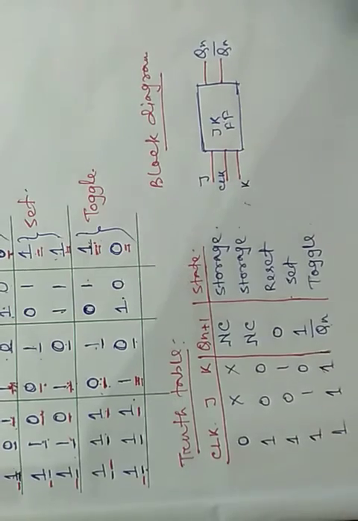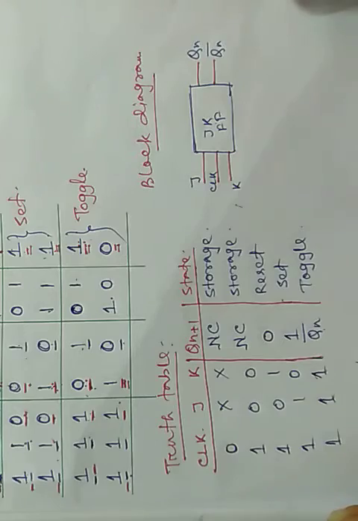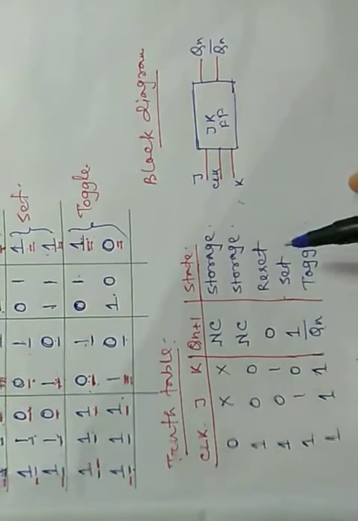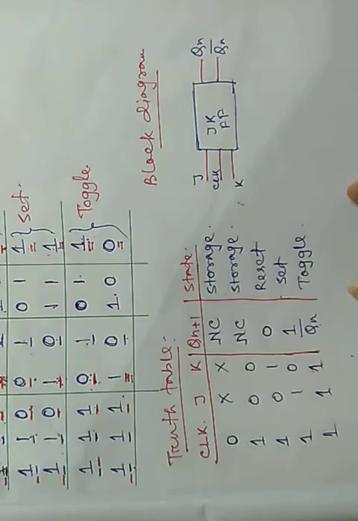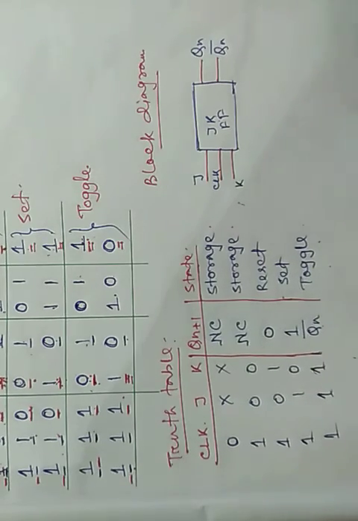Okay. This is the JK flip-flop, which is mainly invented in order to remove the forbidden state of SR flip-flop, and that is removed by using the toggle condition.